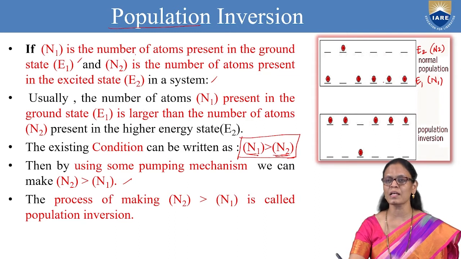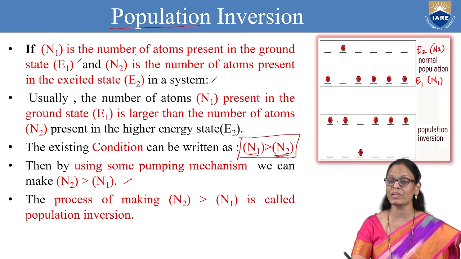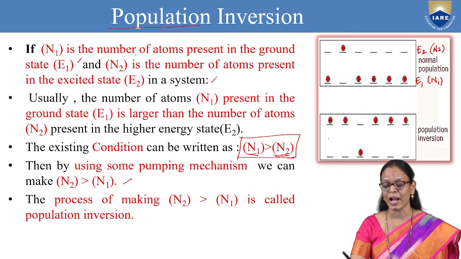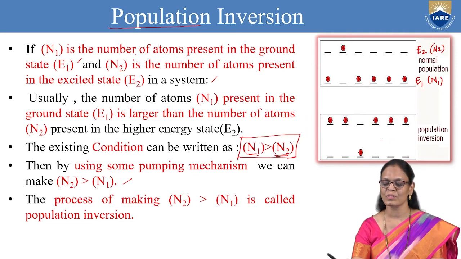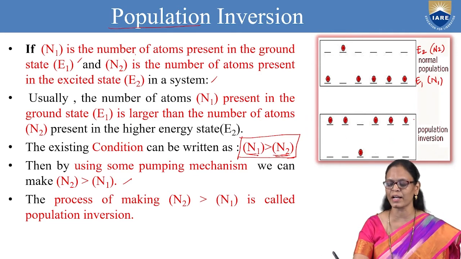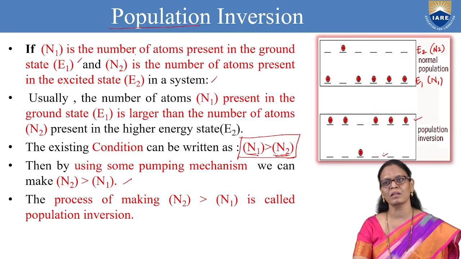When the atoms are in the ground state, we need to supply energy and pump them into the excited state, because only when they are in the excited state and make a transition to the ground state, the difference in energy is emitted and we get laser. So it is very important that the number of atoms in the excited state is more than the number of atoms in the ground state.